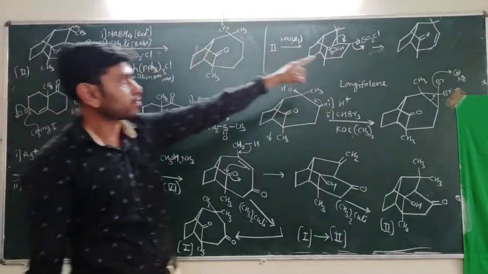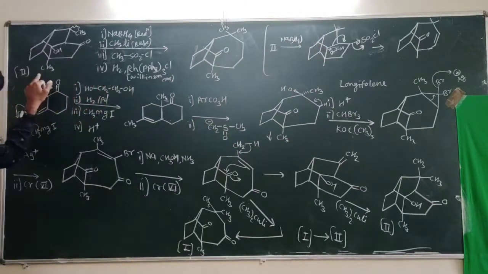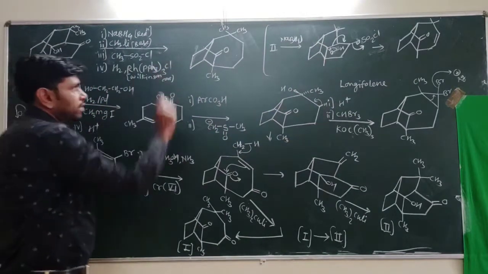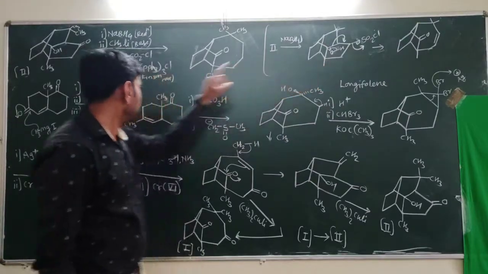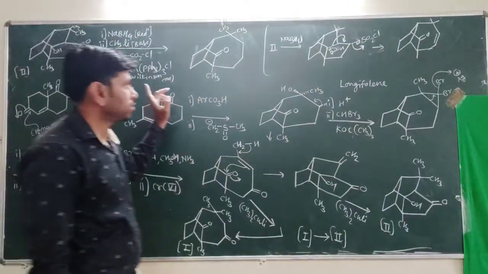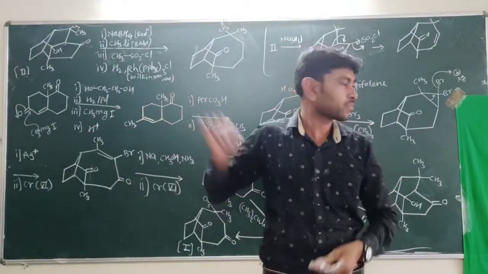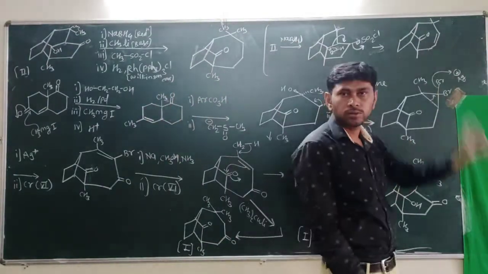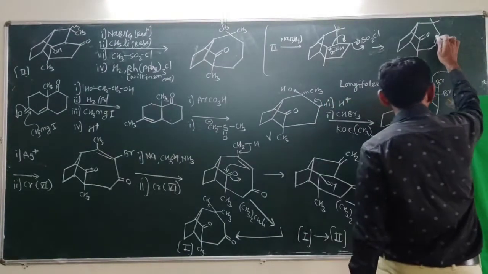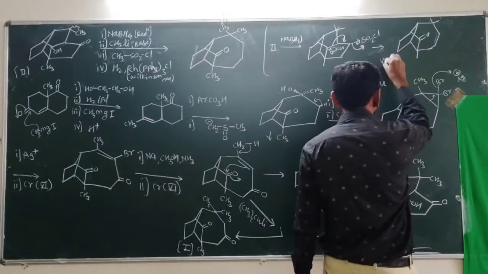At this stage, we obtain that product from the second. Now at this stage, we have used Wilkinson catalyst. The function of Wilkinson catalyst, I told you, is reduction of this double bond. So this double bond is reduced here by using Wilkinson catalyst.